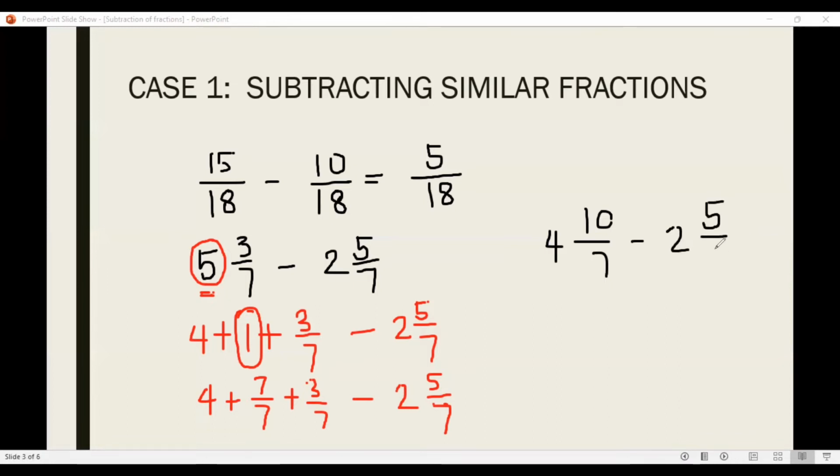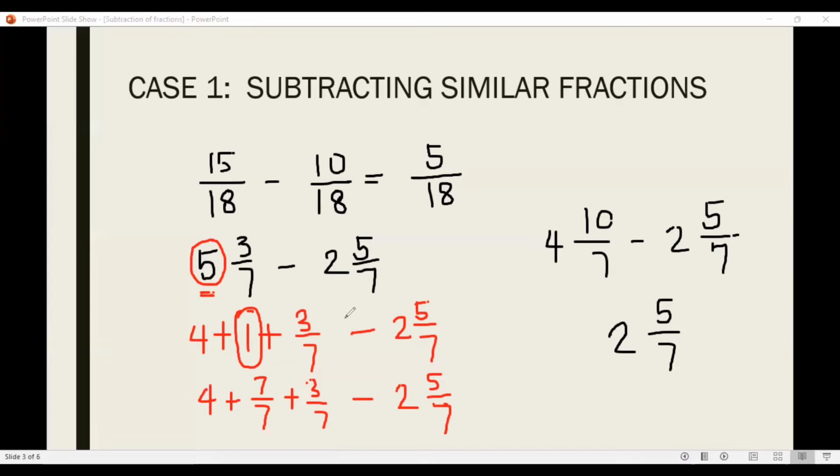So this is similar to the rule wherein you have to subtract the whole number. So subtracting 4 and 2, the answer that we will be getting is 2. And then, of course, you have the numerators, 10 minus 5. That will give us a 5. And the 7 will just have to be copied.